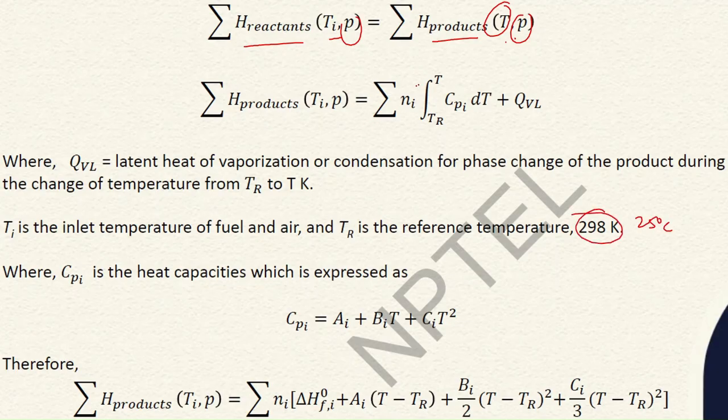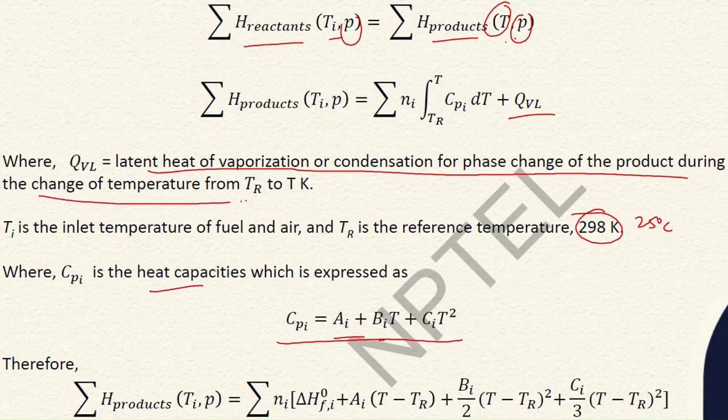This is given as sigma Ni integration from the reference temperature Tr to T, the final temperature, of Cpi, which is the heat capacity, expressed as Ai plus BiT plus CiT square, plus QVL, which is the latent heat of vaporization or condensation for phase change of the product during the change of temperature from Tr to T. So during the combustion, if there is any phase change, the latent heat of that phase change is also taken into account.